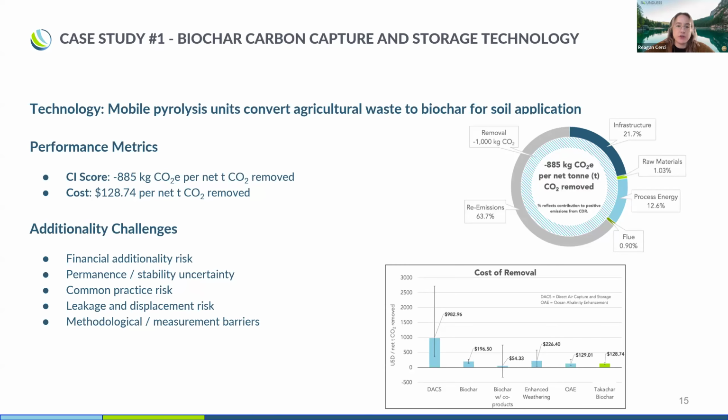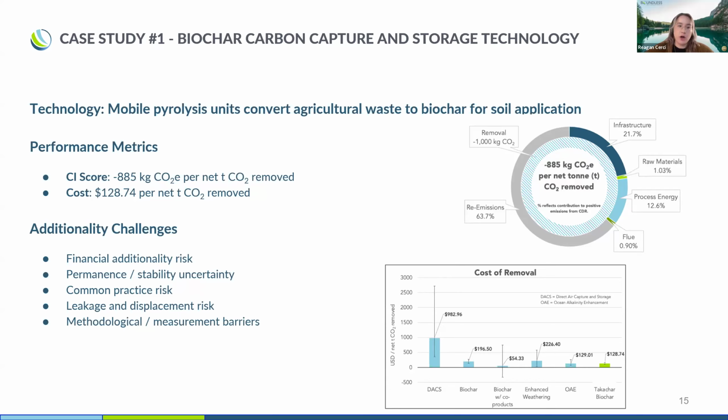Essentially, when you're looking at additionality for a project like this, there are a few things you really want to touch on and make sure that the project is hitting. The first one would be the financial additionality risk. If agricultural processors or farmers are already implementing biochar for soil amendment benefits, so yield, soil health, waste disposal, the revenue model from the carbon credits may not be strictly necessary for project viability.